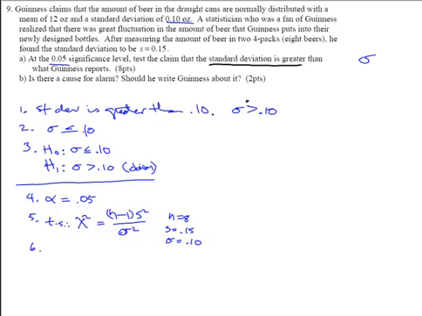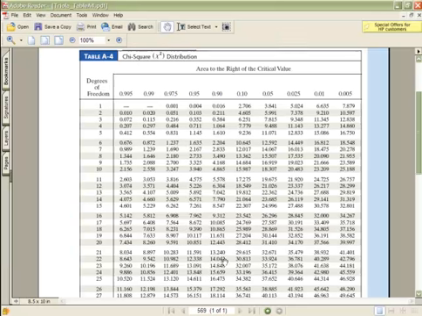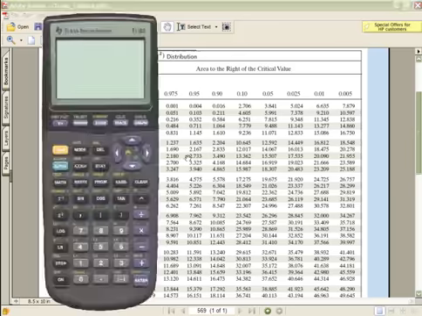We're going to need to compute the test statistic. So let's take out our calculators. It's a fraction, so it's 8 beers minus 1 is 7, times the sample standard deviation, which is 0.15.